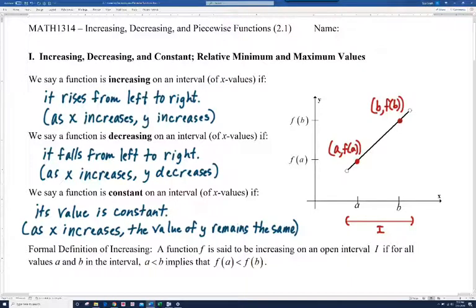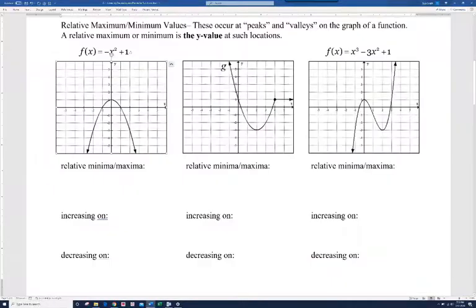Notice in this case, f of a, which is this vertical distance, the y value, is less than f of b, which would be this distance. No matter where you chose your a's and b's, as long as they're in this interval, as long as a is less than b, then f of a will be less than f of b. So that's the idea. Let's move on to the next slide.